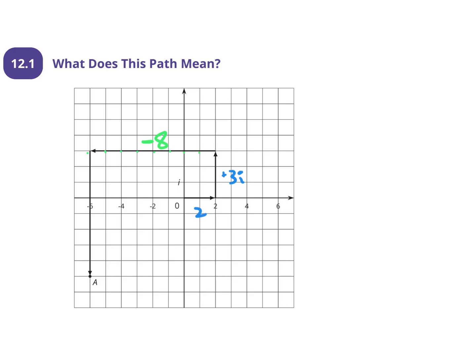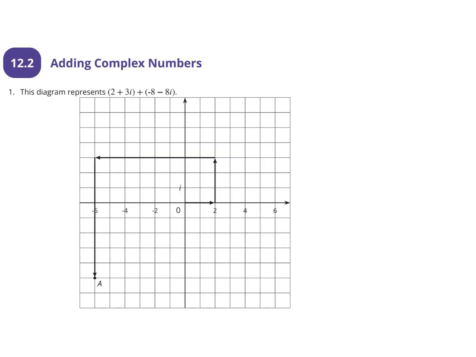And in the imaginary number line, we went down 1, 2, 3, 4, 5, 6, 7, 8. So we subtracted 8i. Now we know this diagram represents 2 plus 3i plus -8 minus 8i. And we kind of saw it when we counted the numbers in the warm-up.